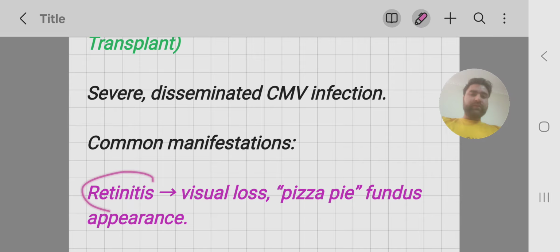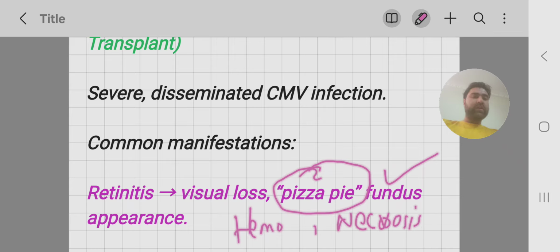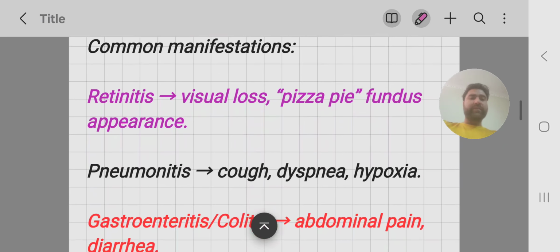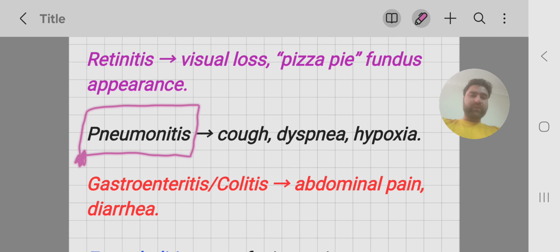It can cause damage to your eyes, that is visual loss. On fundoscopy, you will see a pizza pie appearance of the fundus because of hemorrhages and necrosis. Also, you will see pneumonitis in immunocompromised individuals, leading to cough, dyspnea, and hypoxia.